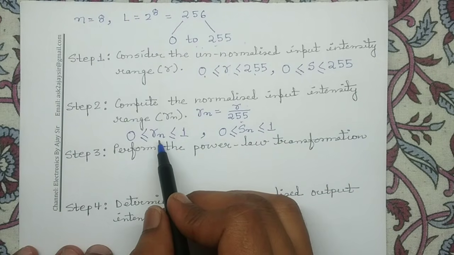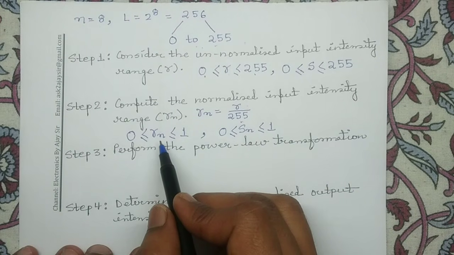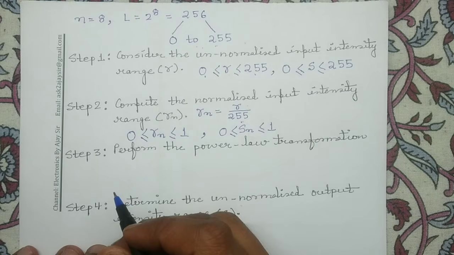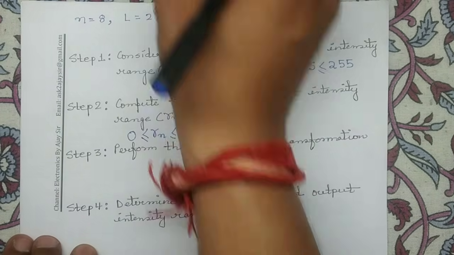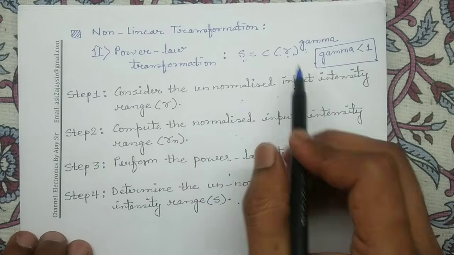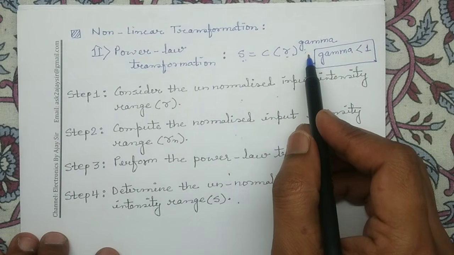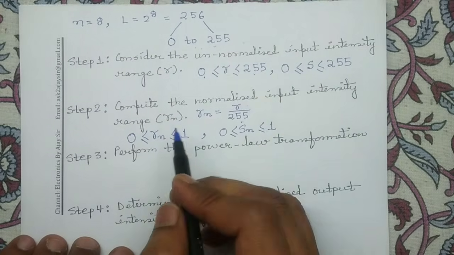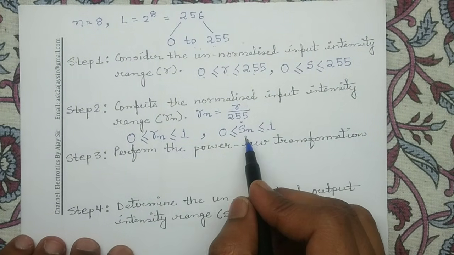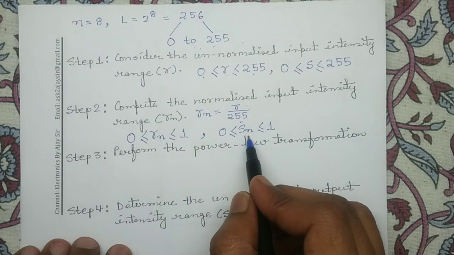Next, on this normalized intensity range Rn and Sn, we will perform the power law transformation. So we will use this power law transformation equation considering the normalized input intensity range Rn and normalized output intensity range Sn.